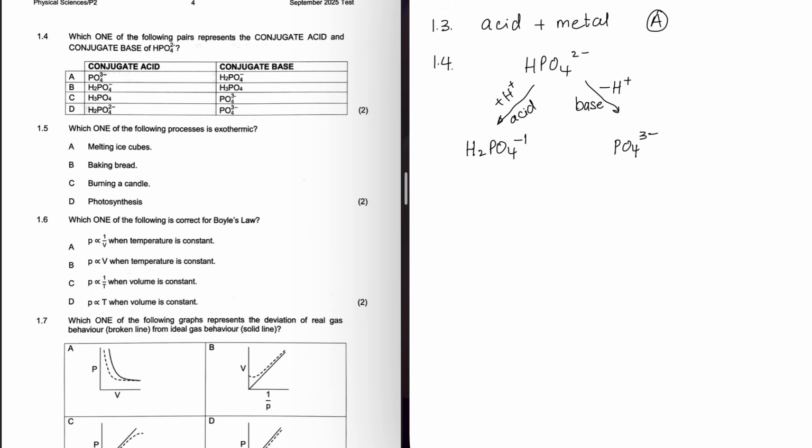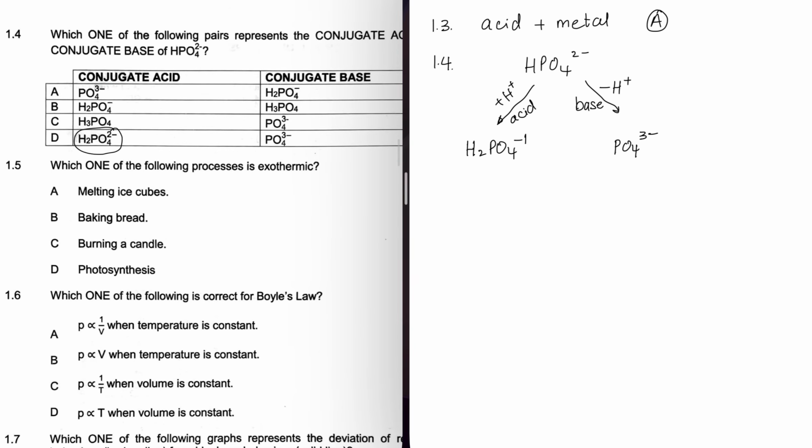So the answer here, and I suspect that there was a typo, because it's H2PO4, it should be -1, not 2-. So the answer that we're going to go with here is D. But I suspect that there was an error here.